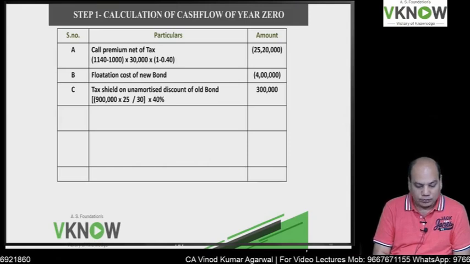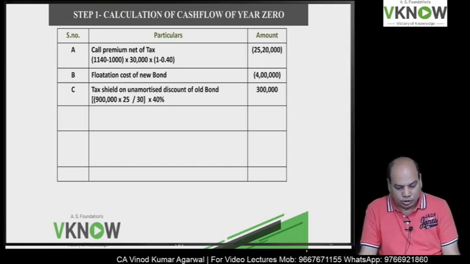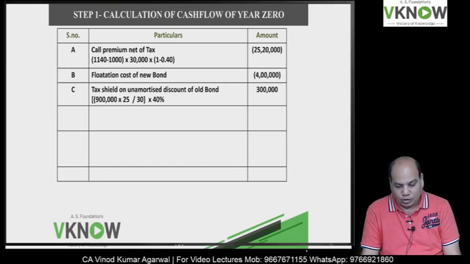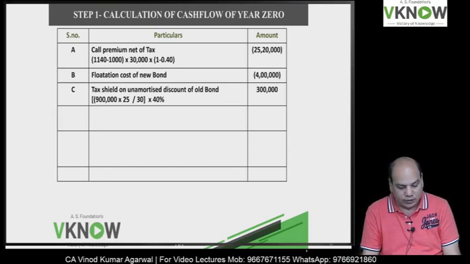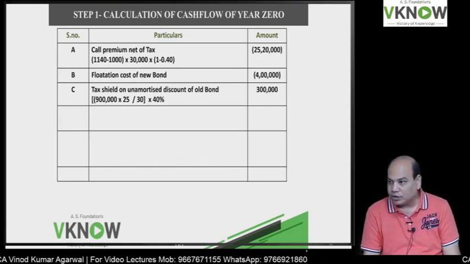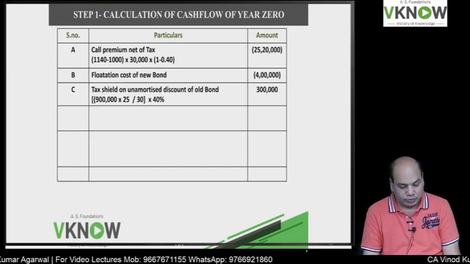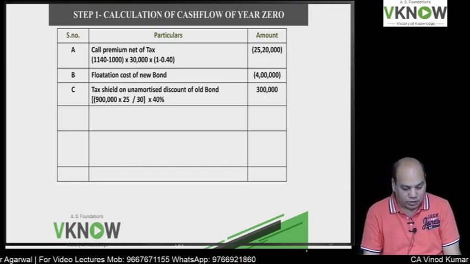Tax shield on unamortized discount of old bond. So you will write 9 lakh into 25 by 30. 5 years are over. 25 years are remaining and the tax shield will be 40% of that amount. So this is positive cash flow. How much is that? 3 lakh rupees. Positive 3 lakh. Very good, Sidana.